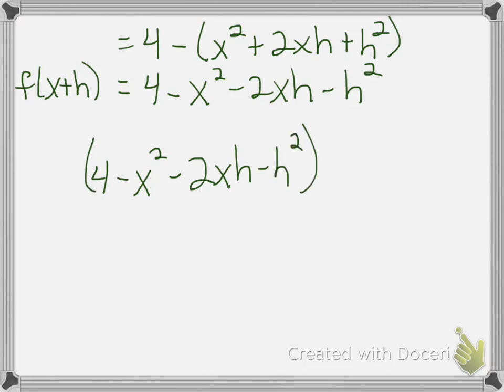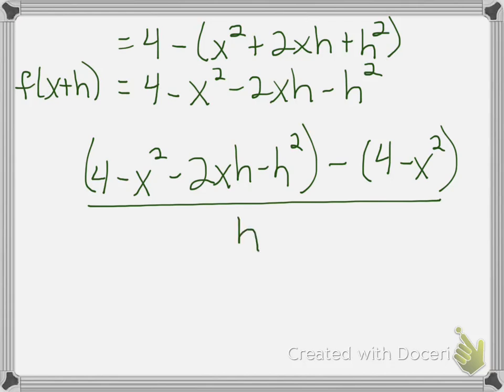This is the first part of that formula. Minus, and now it does say f of x. So what you're going to put here is in fact the original equation. Whatever the original function is, that's what goes here. And then all over h. Okay, so this is our difference quotient. So I'm going to put dq for difference quotient. Maybe that's kind of a tacky way of remembering that, but that's a little bit more helpful.